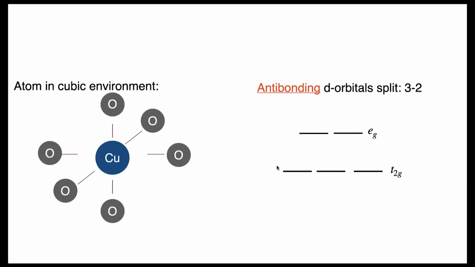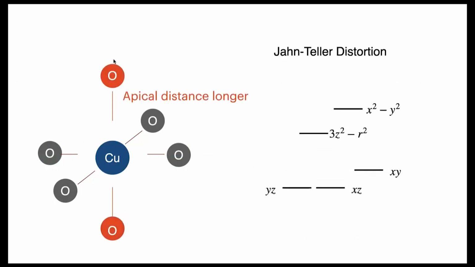So you have 2 eg and 3 t2g. And I'm not going into how the bonding p orbitals get split, right? If you distort the copper oxide bonds along the z direction, you will further break symmetry, right? So this is what people often call Jahn-Teller distortion, though Jahn-Teller distortion is a more general term actually related to symmetry breaking. But this is what people often call a Jahn-Teller distortion, right?